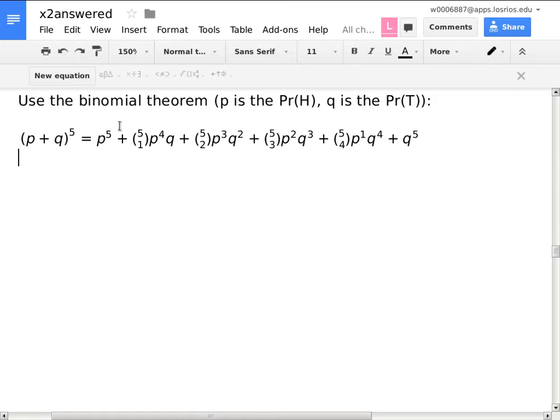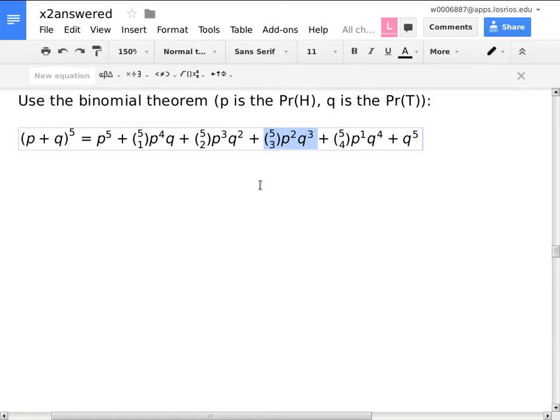Well, the one that we need is 2 heads and 3 tails, right? So 2 heads and 3 tails is this particular one. So we pick out this particular one and say that this is representing the probability of observing 2 heads and 3 tails, order not being important.